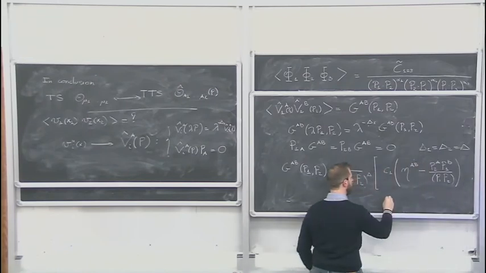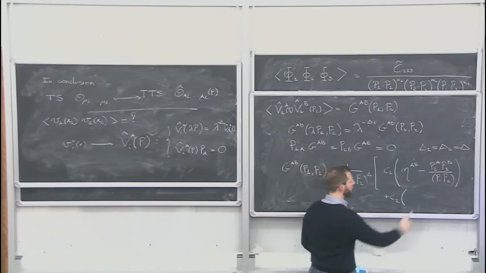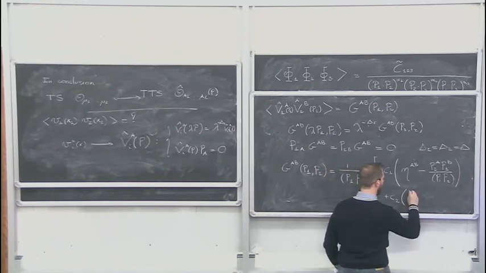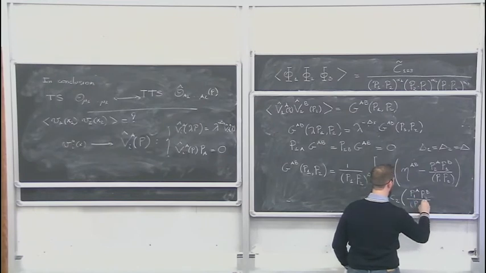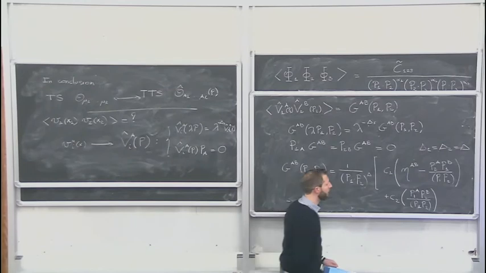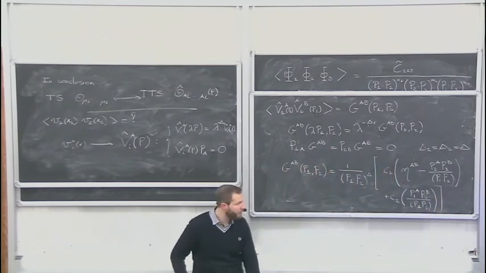And then there could be a coefficient c2 contracted with the other combination that I have, which is p1_A p2_B over p1 dot p2. These are the only two possible tensors that I have.